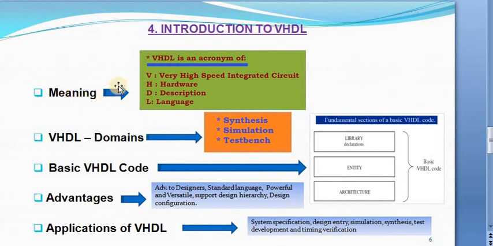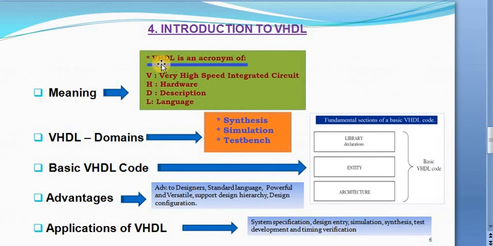So the first question is, what is VHDL? The definition says that VHDL stands for Very High Speed Integrated Circuit Hardware Description Language. It is the language used in electronic design automation.